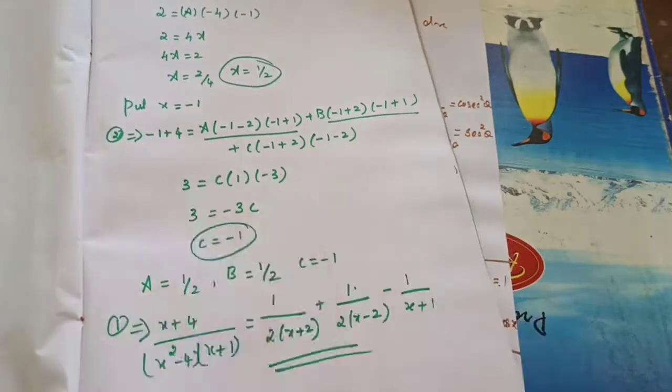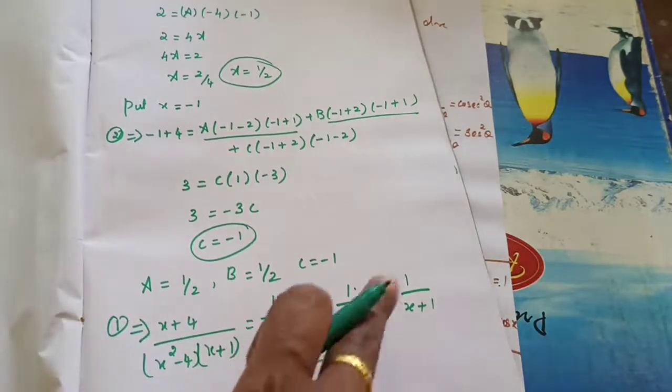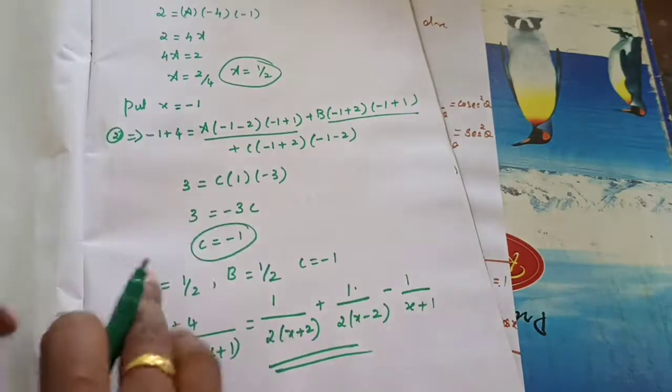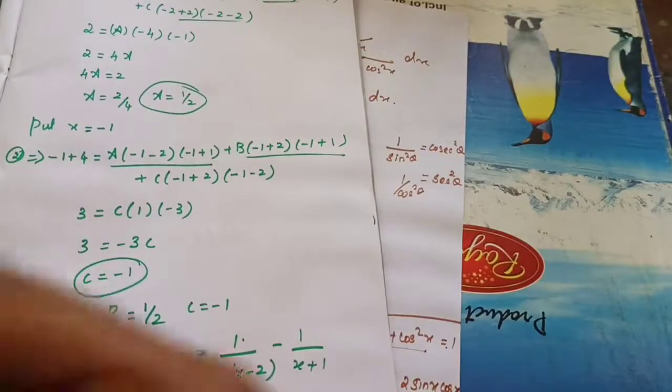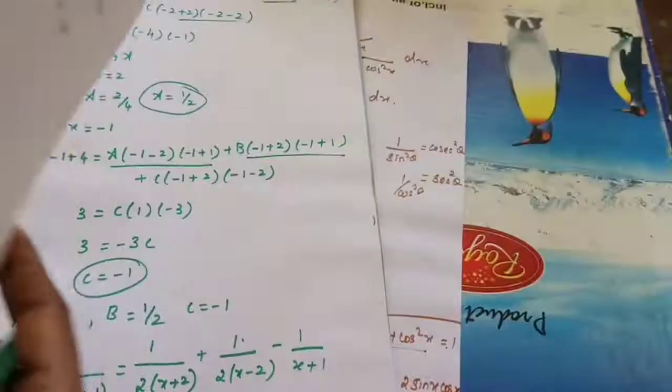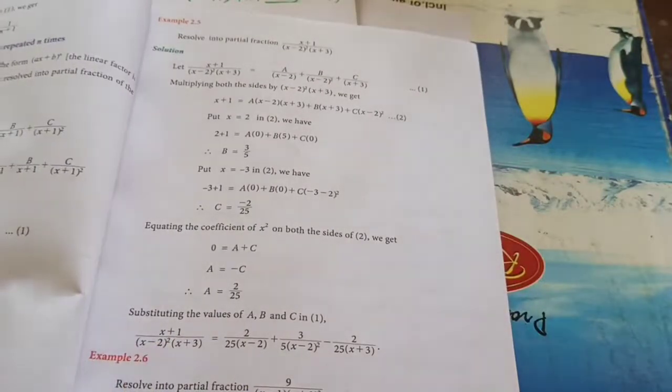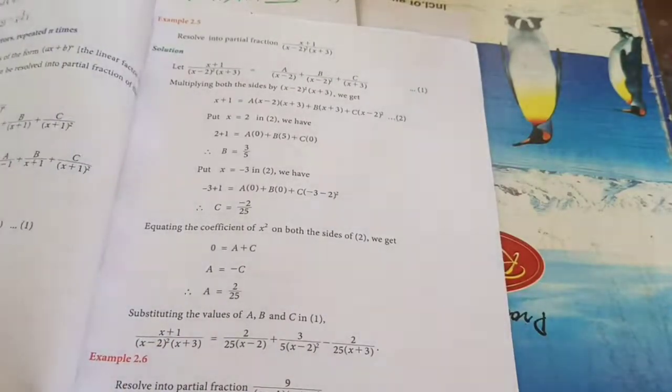Have you got it? I hope you got a good idea of type 1. Okay children, so substitute a value, b value and c value. This is resolving into partial fractions. So this first section, all the examples are over. Next we will move to the next type: denominator contains linear factors repeated n times.